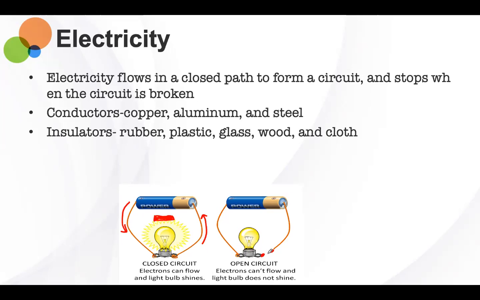So usually we classify materials as either conductors or insulators. So conductors are copper, aluminum, and steel. Right? These are the materials that we mainly use to conduct electricity. Copper, aluminum, and steel.